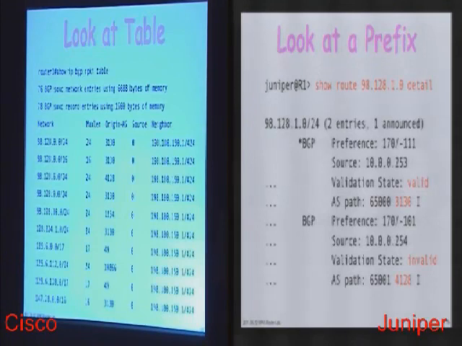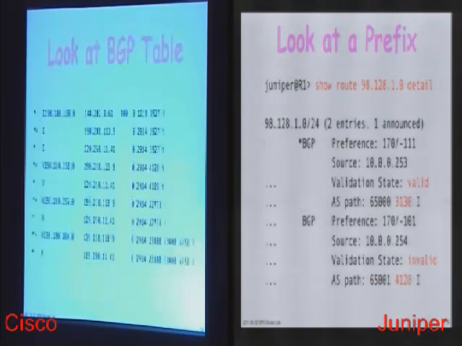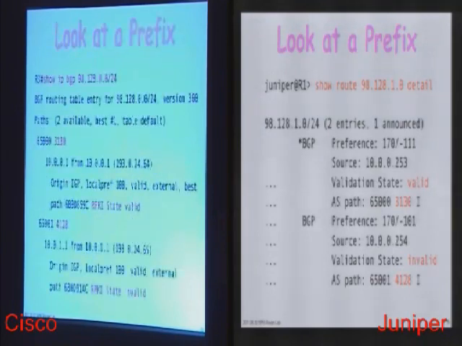But let's look at a prefix. And in Juniper, you do it this way, and I've had to delete stuff to fit in PowerPoint. And you can see, in this case, I have two paths, one of them valid, one of them invalid, because remember, both being announced from Seattle and Dallas.